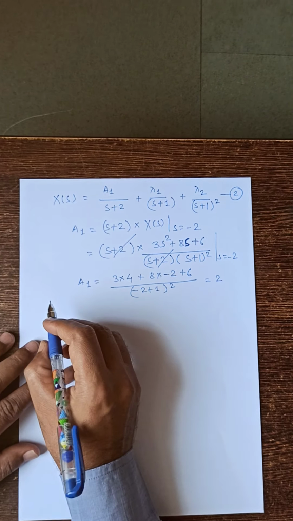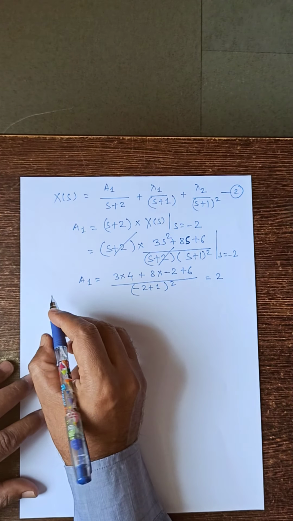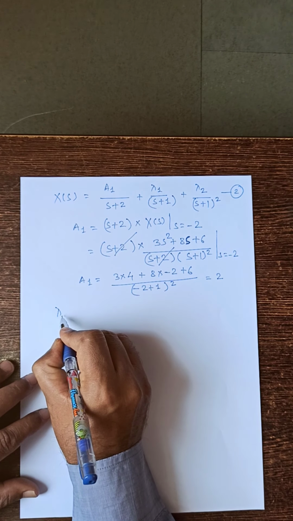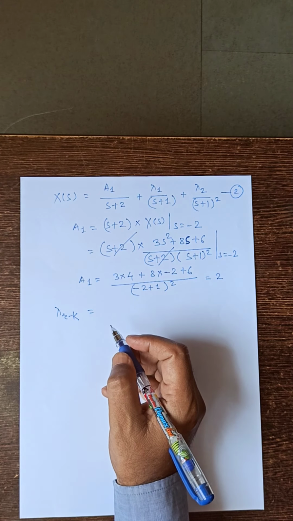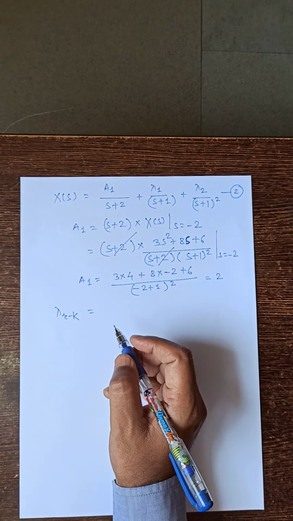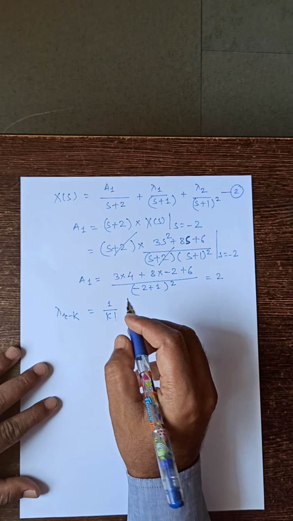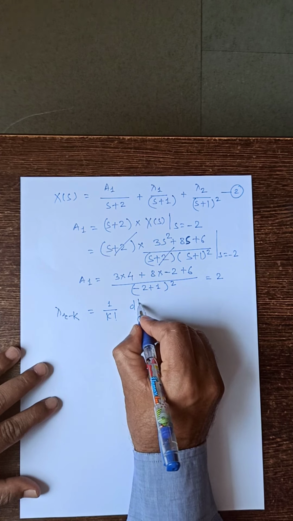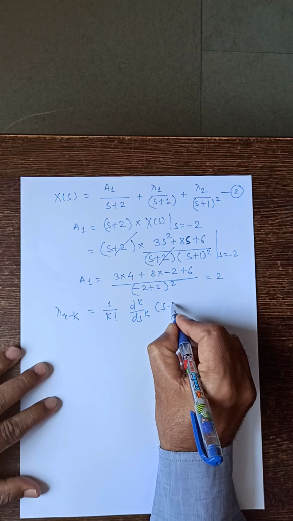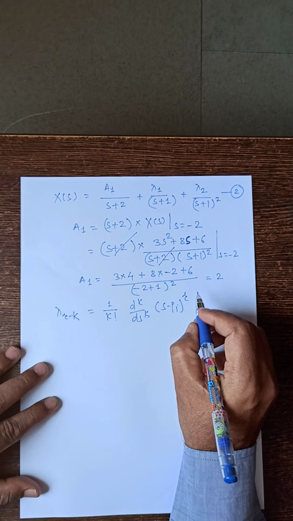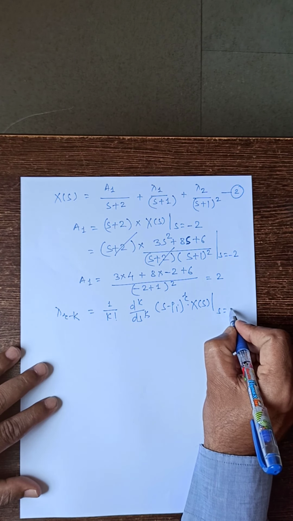Now the equation to find out lambda 1 and lambda 2. So just rewrite the equation. Lambda r minus k is equal to 1 upon k factorial, d^k by ds^k, of (s minus pi) raised to r into X of s, at s equals pi.